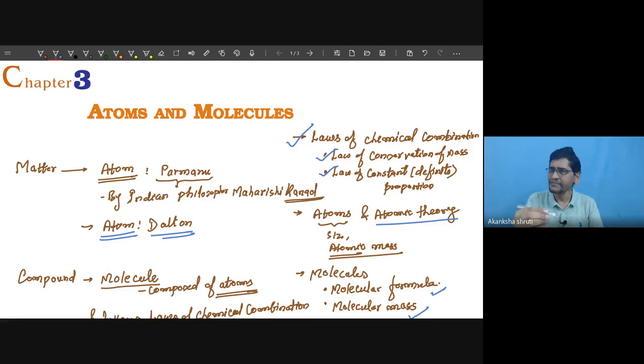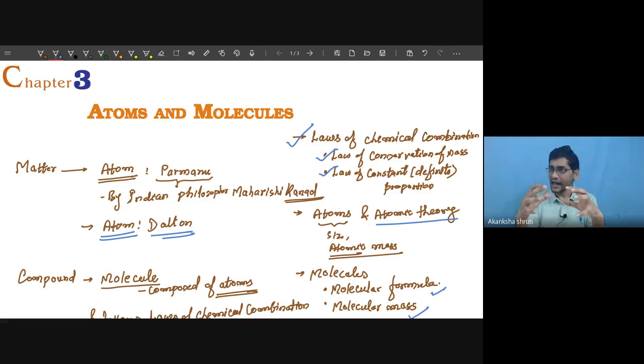So atom simply means indivisible. He proposed that these atoms are indivisible particles of matter. If these atoms are divided further, then matter will not be there. This was the proposition of Dalton, called Dalton's atomic theory, which we also have to learn.